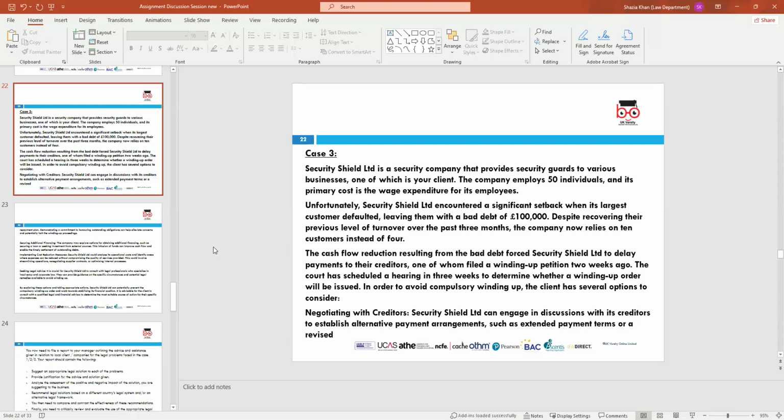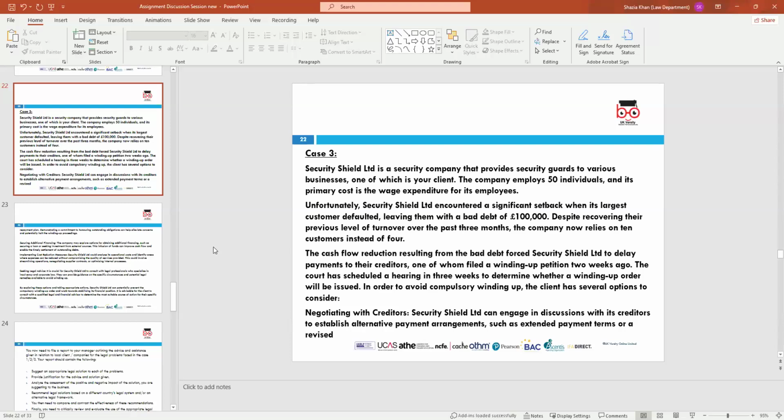Despite recovering their previous level of turnover over the past 3 months, the company now relies on 10 customers instead of 4. The cash flow reduction resulting from the bad debt forced Security Shield Limited to delay payments to their creditors, one of whom filed a winding up petition 2 weeks ago. The court has scheduled a hearing in 3 weeks to determine whether a winding up order will be issued.